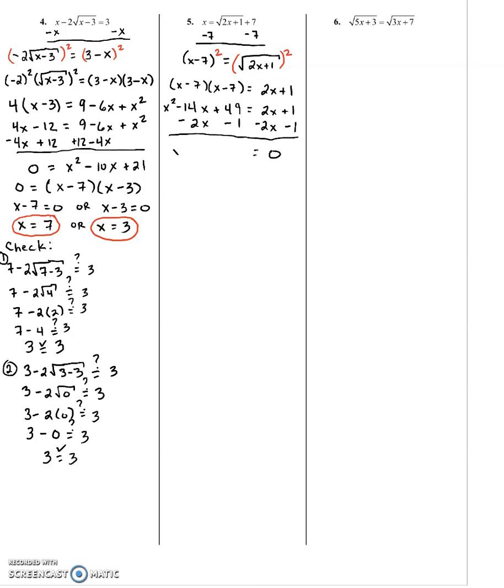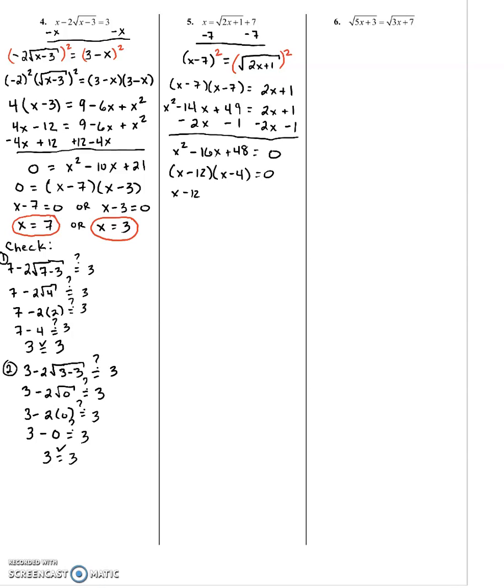And that leaves us with x squared minus 16x plus 48. Now that factors into x minus 12 times x minus 4.